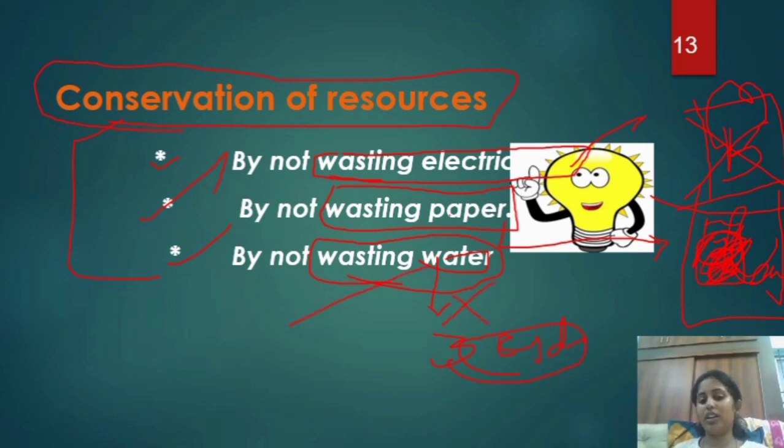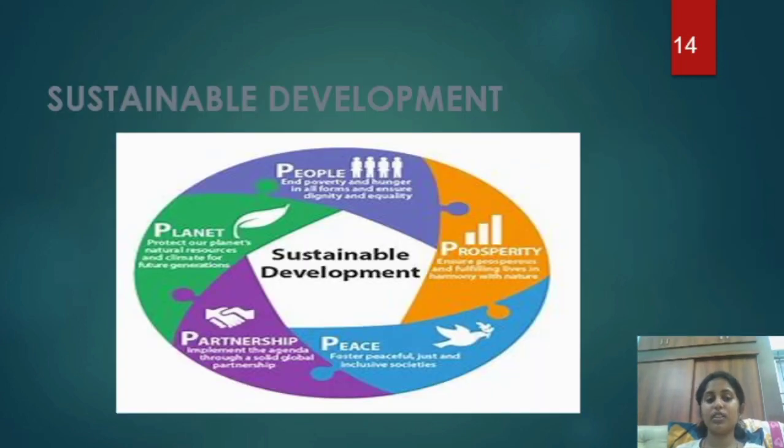Turn off your water tap when you're brushing. Use buckets and mugs instead of showers. Wash your cars with water that goes to the plants. Like that you can have many ways to save water also, students.